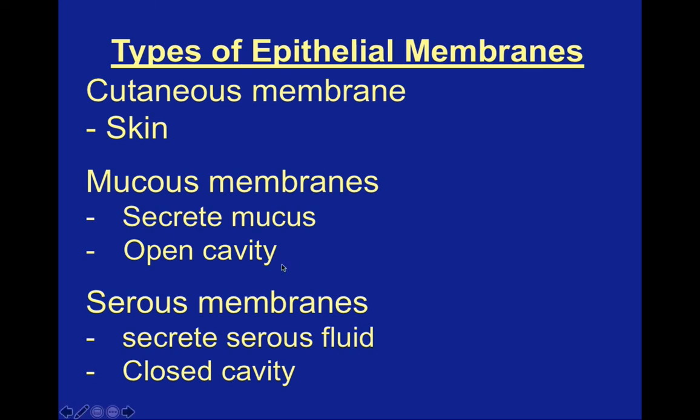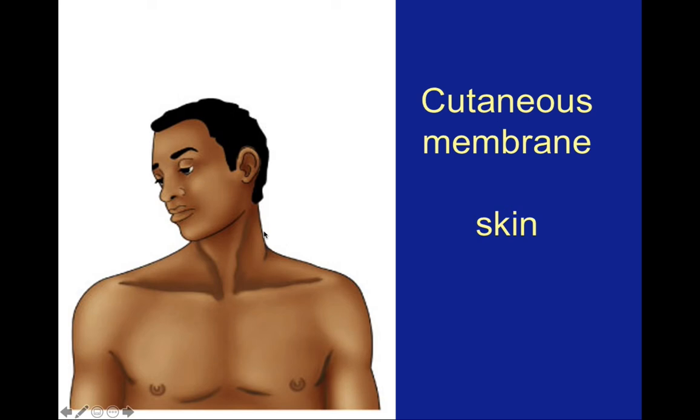So any cavity that's open to the external environment will be lined with a mucous membrane that secretes mucus. Serous membranes are going to be lining closed cavities, and these are cavities that will in no way contact the external environment. We have three serous membranes that we're going to discuss: the peritoneum, the pleura, as well as the pericardium. So let's talk a little bit more about each of these three types of epithelial membranes.